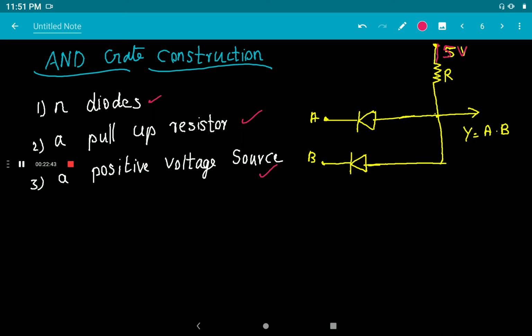So these are the requirements. Now, if both the input sources are at logic 1, that is the first condition we consider.